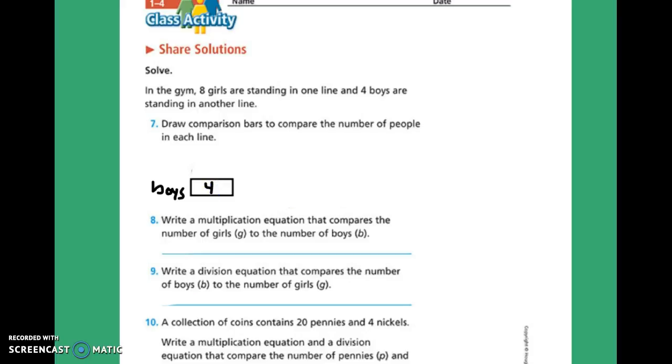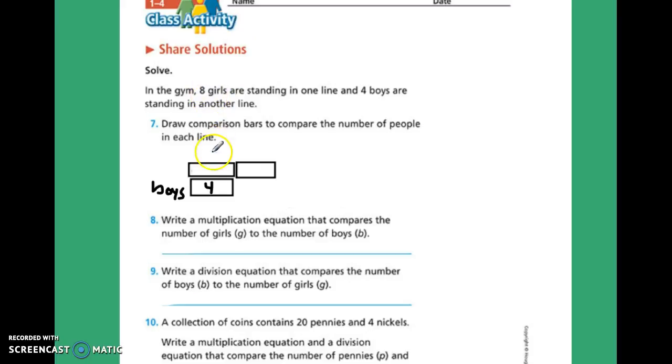All right, now, if we go to the next one here, girls, it says there are 8 girls. So I'm going to still draw my 4. And if my drawings were really good, they would actually align, but they're close enough. 4. I'm going to draw it again to represent the 8.